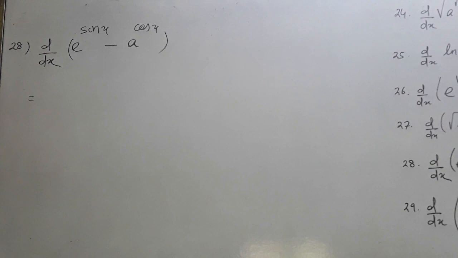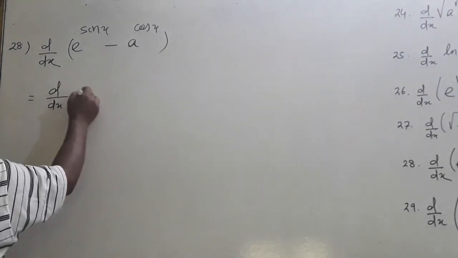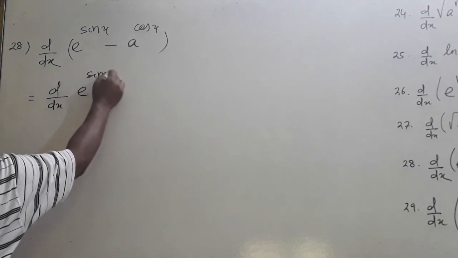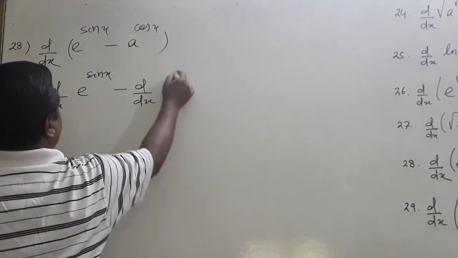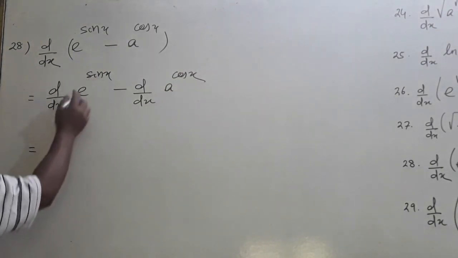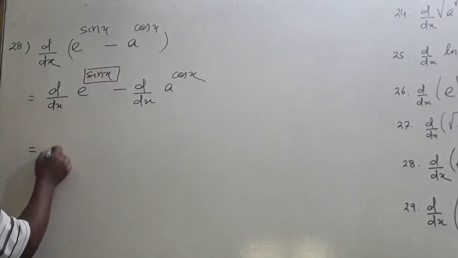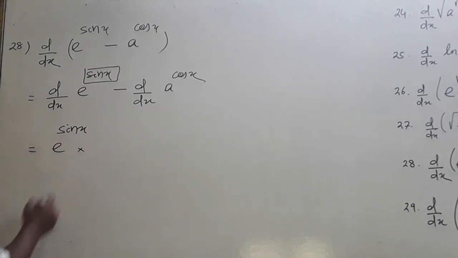Look at number 28. It is d/dx of e to the power sin x minus d/dx of a to the power cos x. Then e to the power sin x, e to the power box: the answer will have e to the power sin x into derivative of sin x.